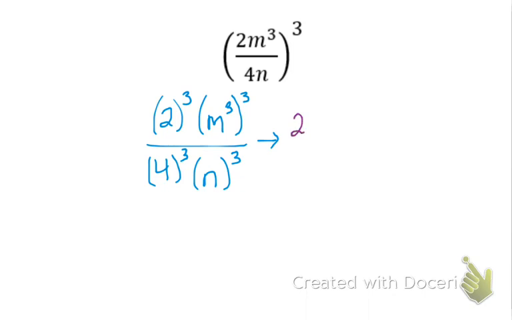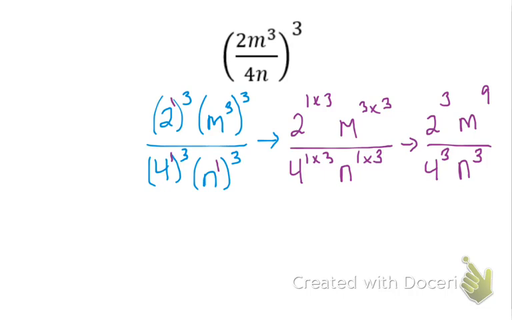So this is 2 to the 1 times 3, because 2 has an exponent of 1. Then it's m to the 3 times 3, 4 to the 1 times 3, and n to the 1 times 3, because n currently has an exponent of 1, so does the 4. Okay, so now let's simplify. Okay, so I multiplied what I could.